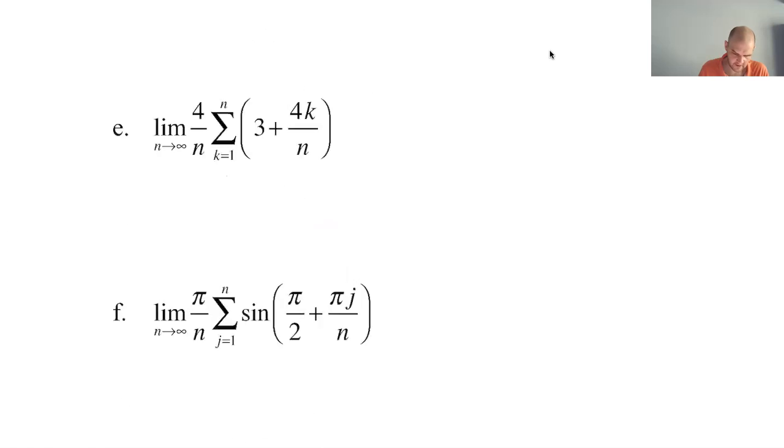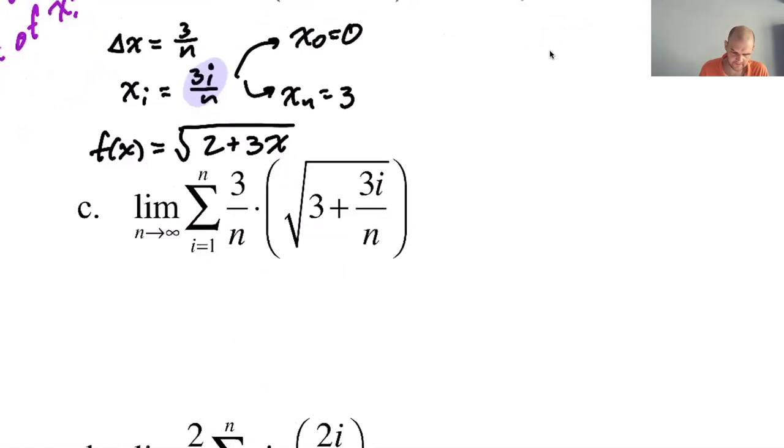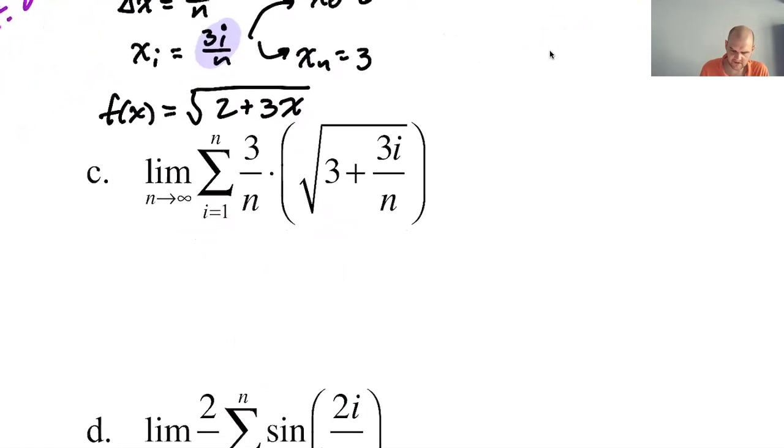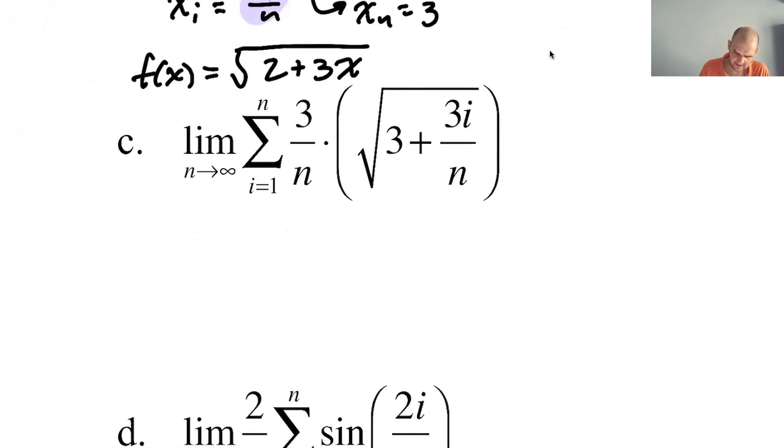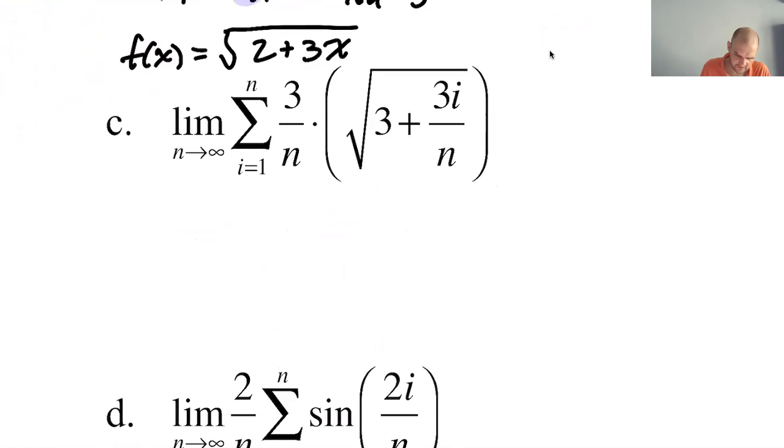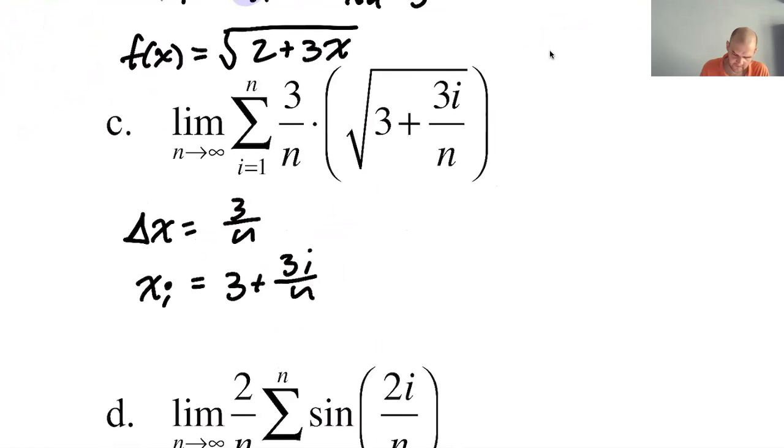All right, I'll do one more and then I guess check them. And this one's really straightforward though. If you look at it, delta x should be the constant multiple hanging around. X sub i, I can see two choices. So I'm going to say x sub i is 3 plus 3i over n, which is 3 plus i delta x.